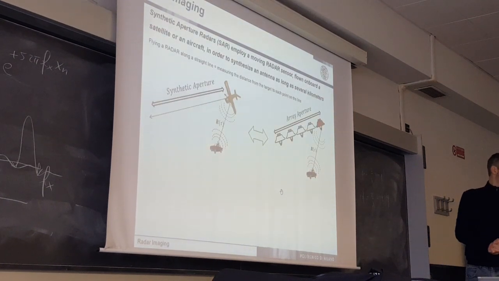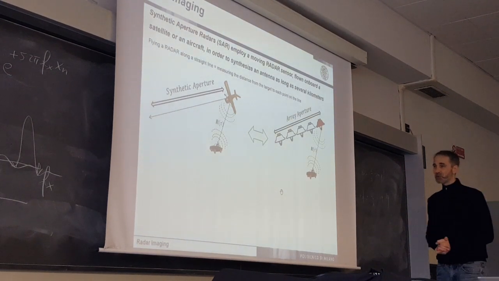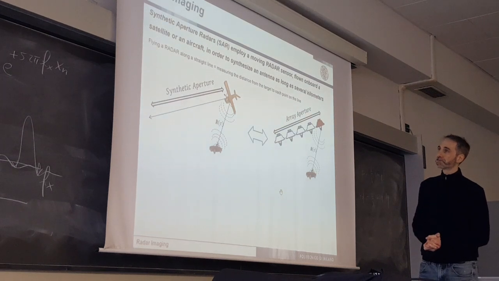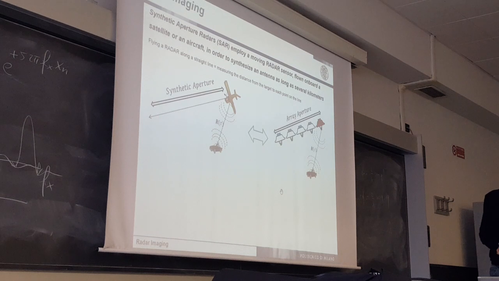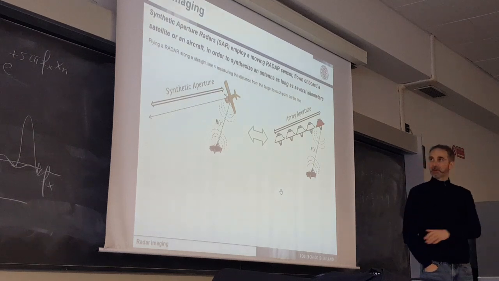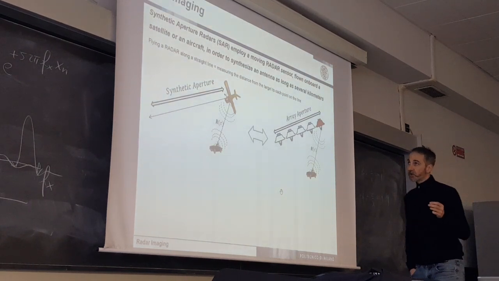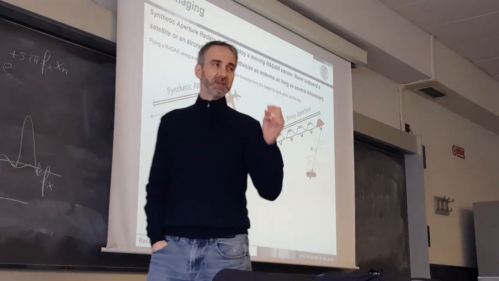Because what I want to talk about now is synthetic aperture radars. Synthetic aperture radars are radars that employ a moving radar sensor, which is flown on board an aircraft, a satellite, a car, a motorbike, whatever you like, in order to synthesize a very long antenna. So, what is the trick?